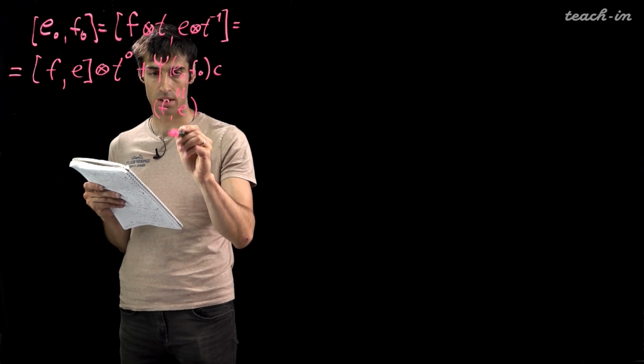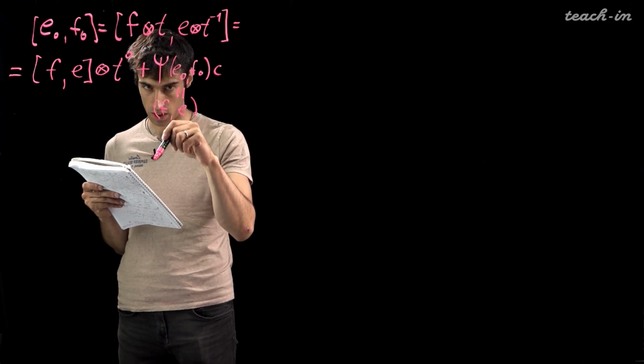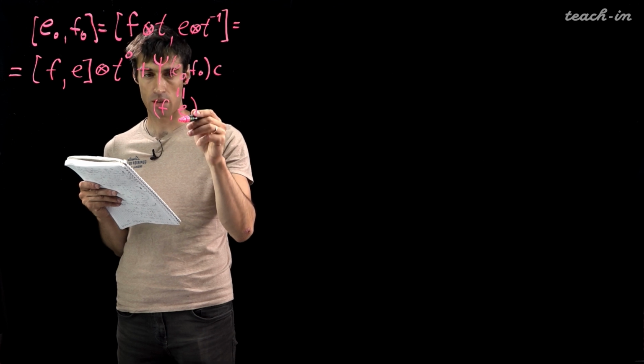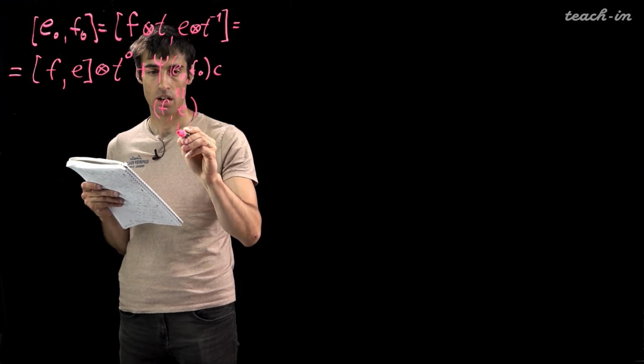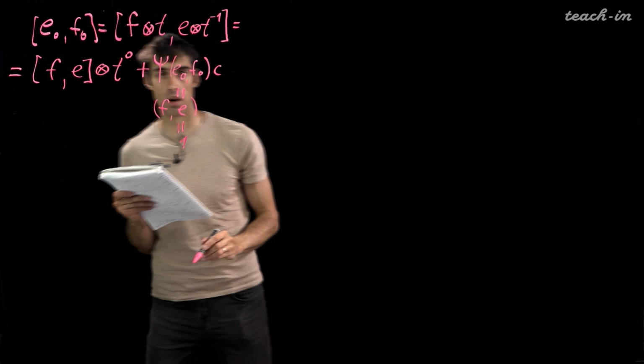So this thing is the trace of the matrix corresponding to F times the matrix corresponding to E, and you can compute that it is actually 1.